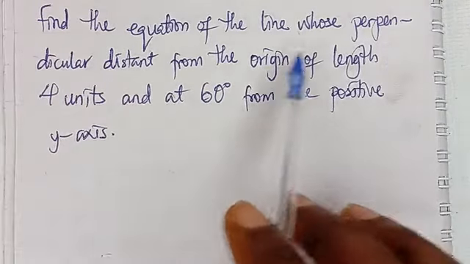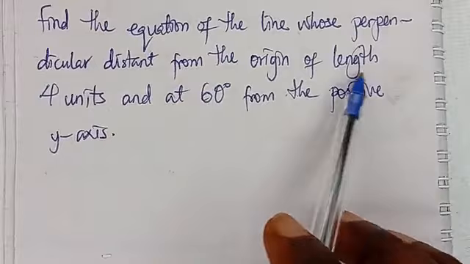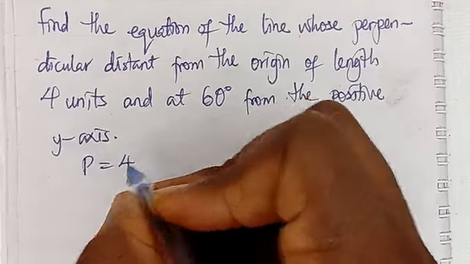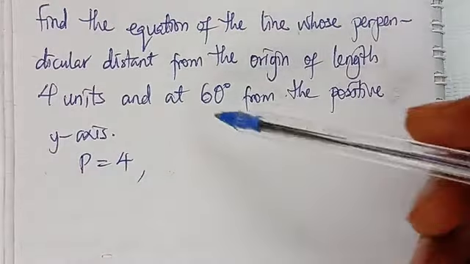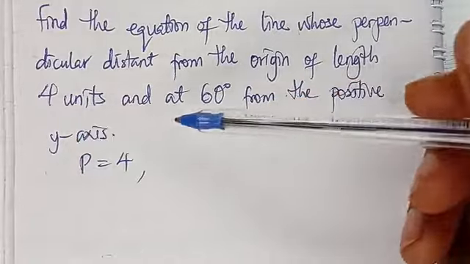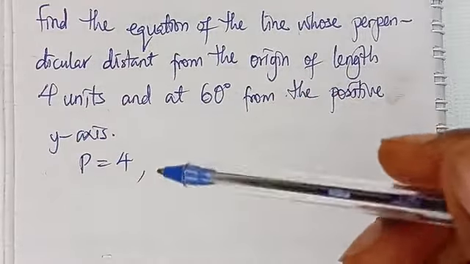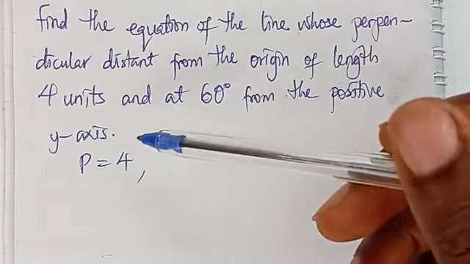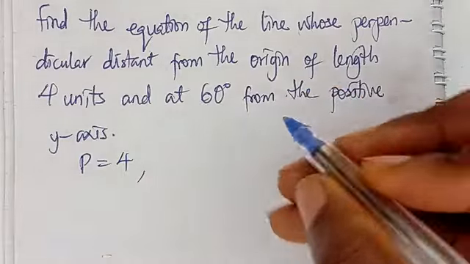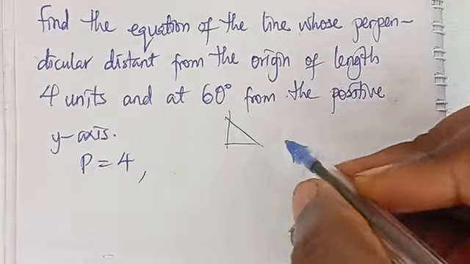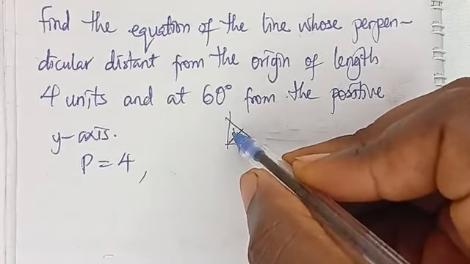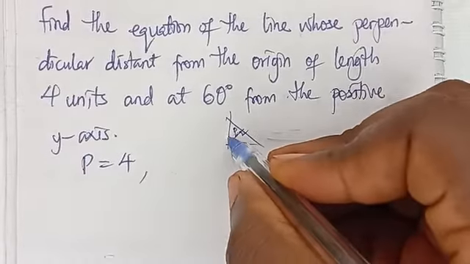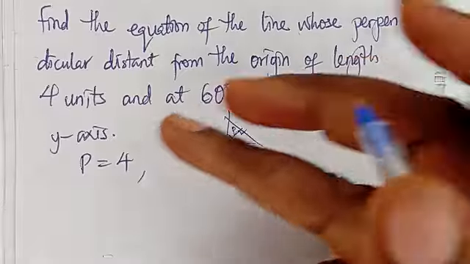Find the equation of the line whose perpendicular distance from the origin is of length 4 units, so P is equal to 4, and at 60 degrees from the positive y-axis. Now remember, when we started this lesson, we said that it must be the angle from the positive x-axis. So this means that if this was the line, this was the perpendicular distance P, then this angle given to us is 60 degrees from the positive y-axis.